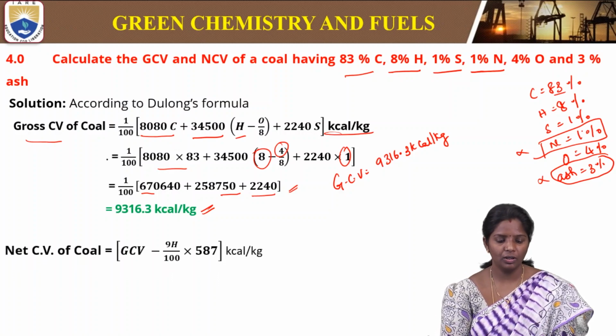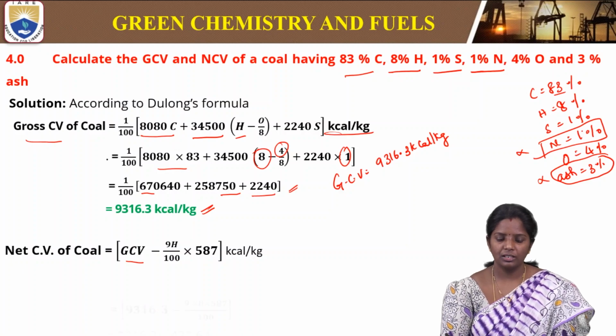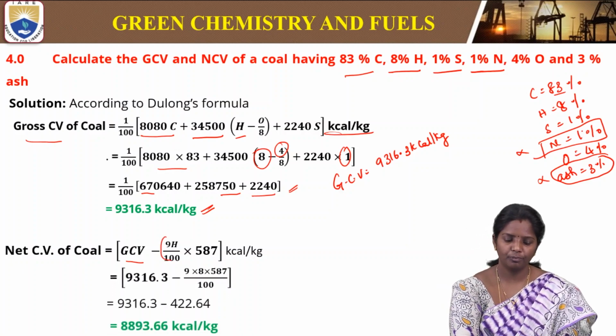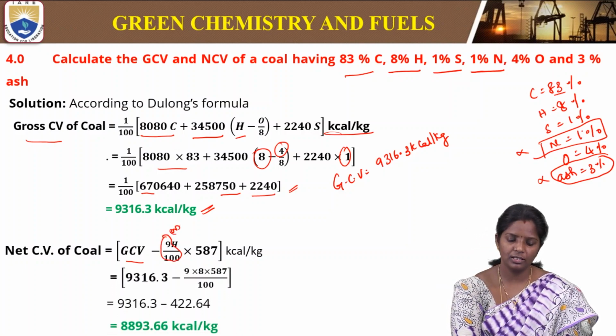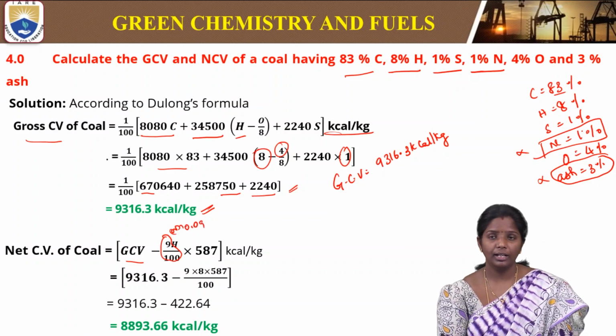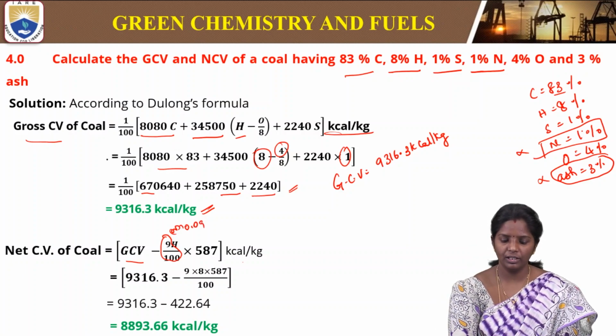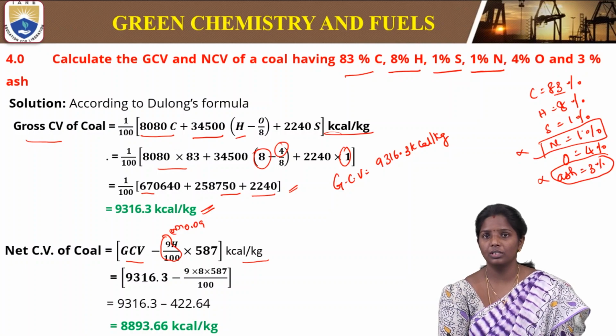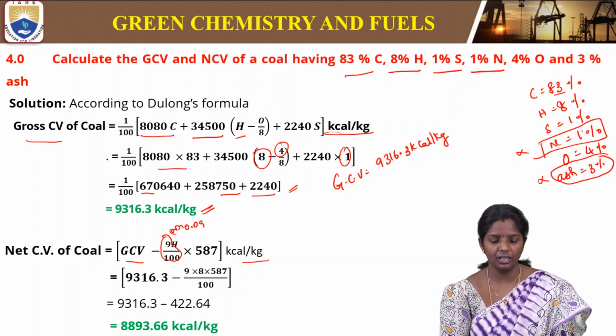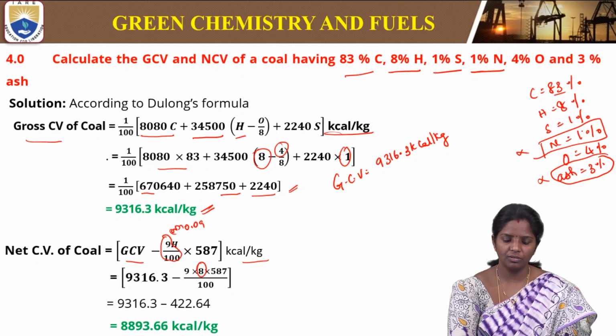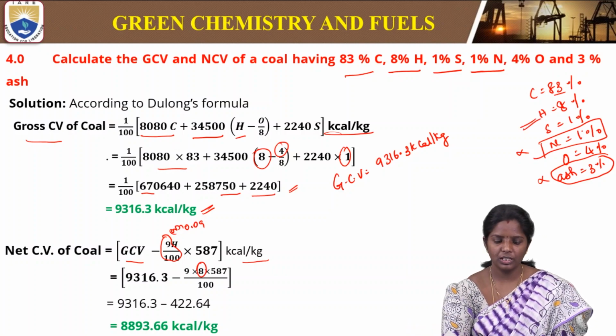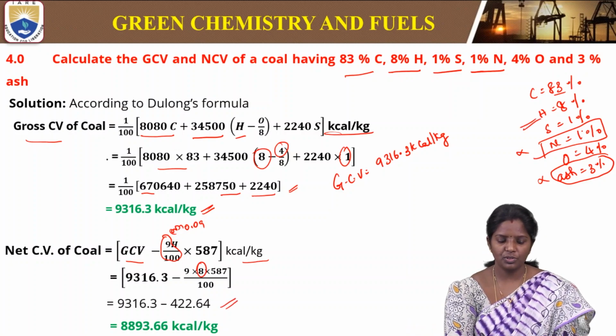Next, for the NCV or LCV, subtract GCV minus, this can also be written as 0.09, okay, 9H by 100 into 587 kilocalories per kg. So the units we are reporting in kilocalories per kg. Upon substituting the hydrogen value 8% here, we get, after subtracting, the LCV or NCV.